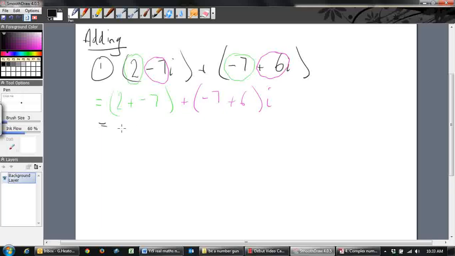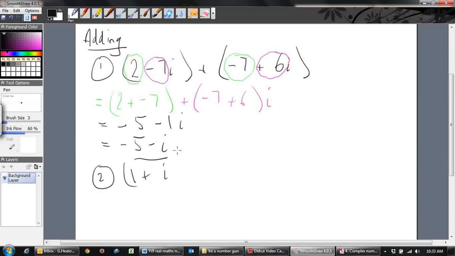If we add them together, 2 plus negative 7 is negative 5. Add the imaginary parts together, negative 7 plus 6 is negative 1i. So we're just adding the parts together, which gives negative 5 - i. So that's how you add two complex numbers together.